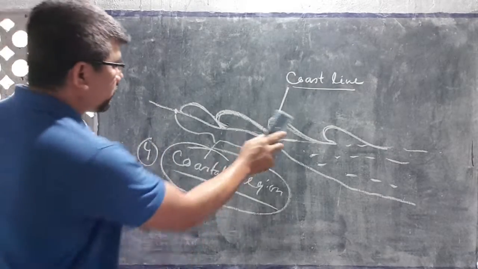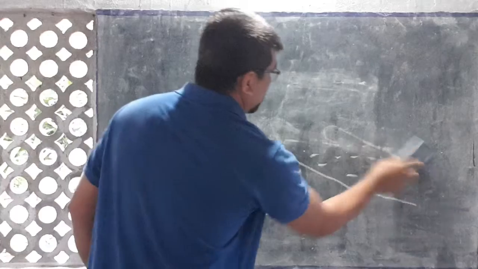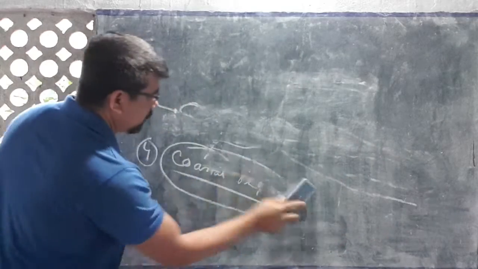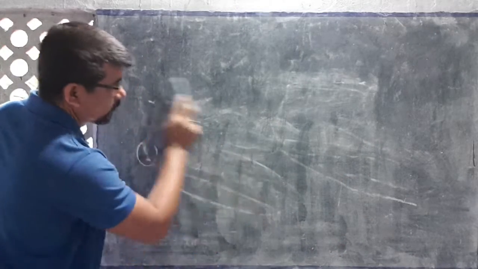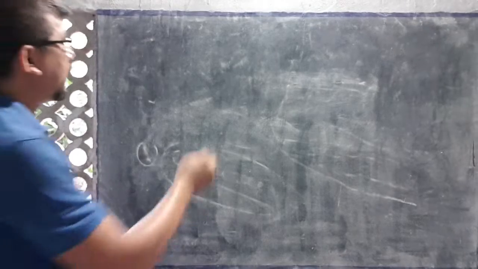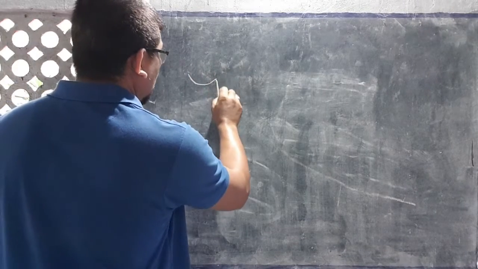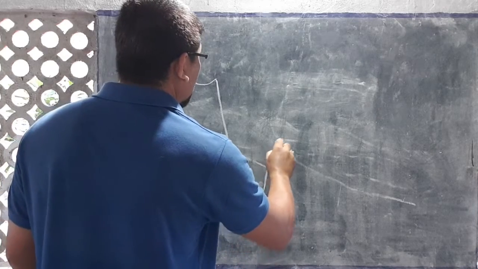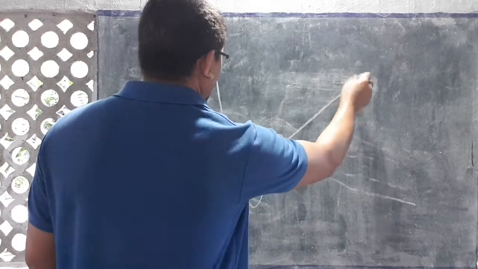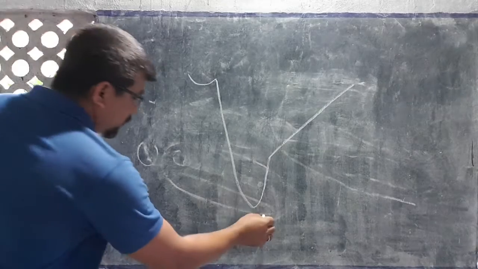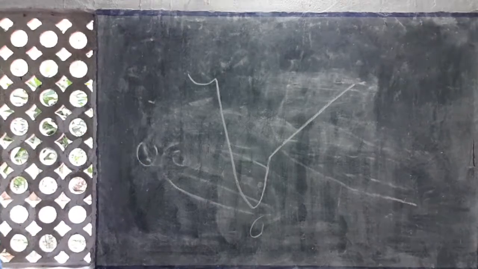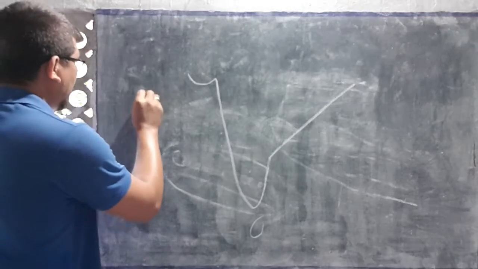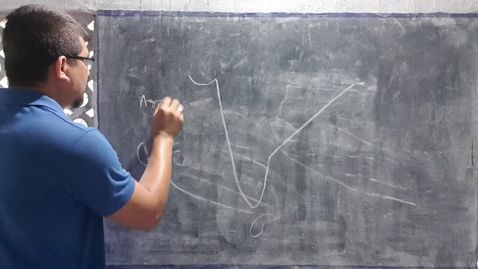You see now? It is the triangular shape of India. There is Sri Lanka, you know it? It is the Arabian Sea.